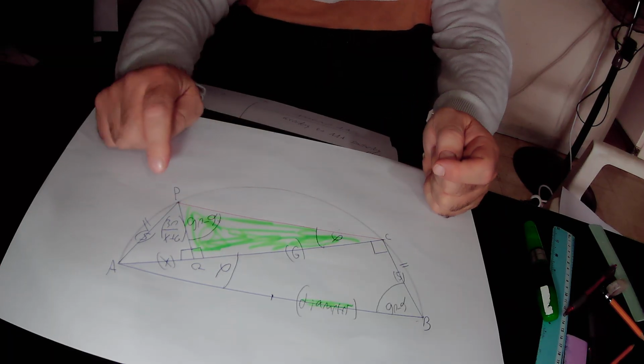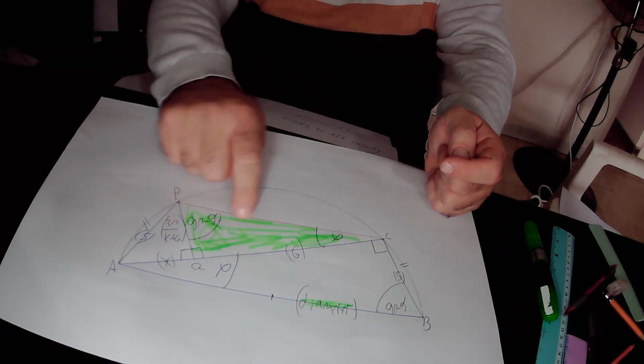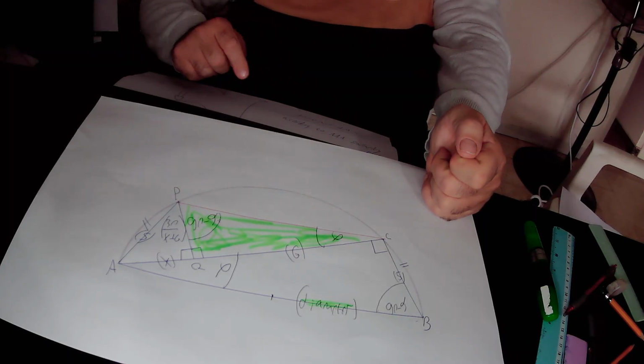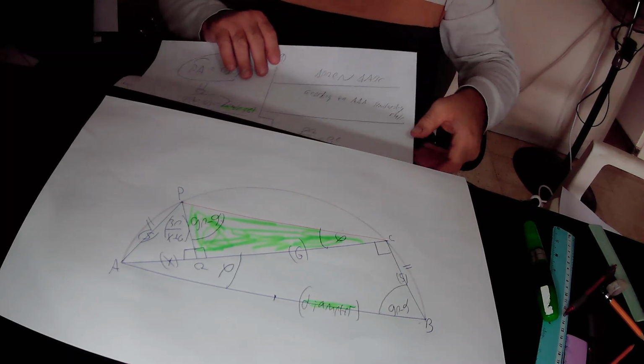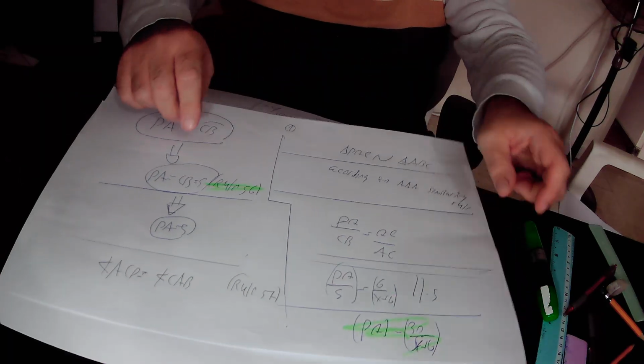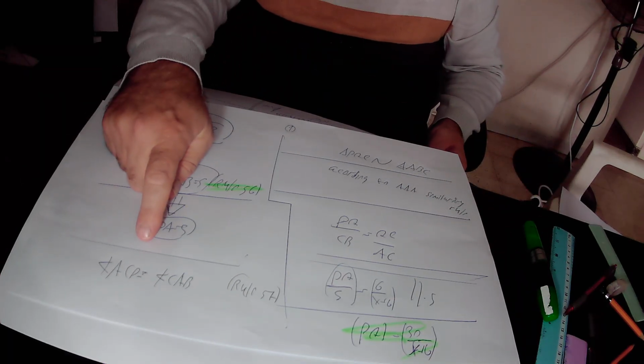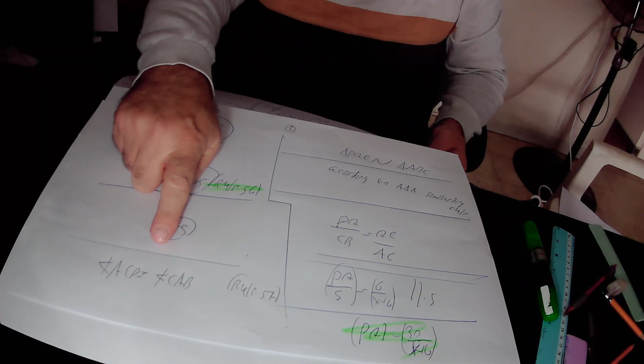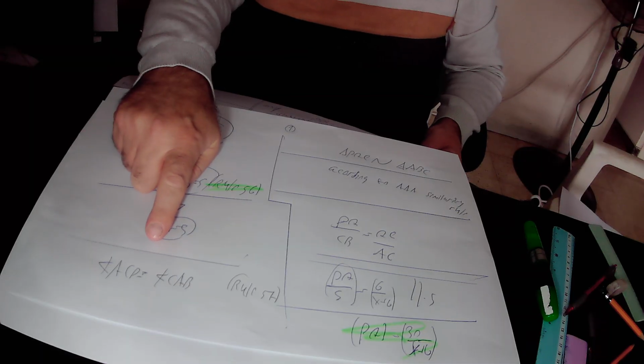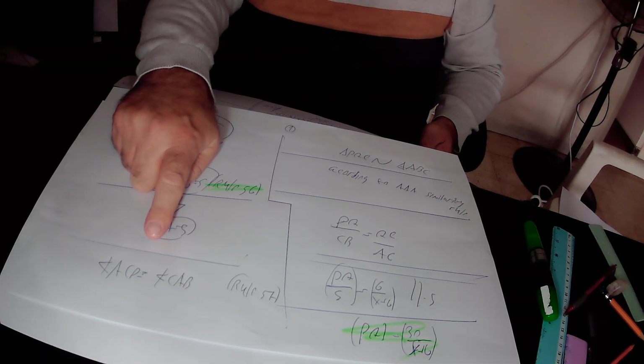That is to say, angle PCA equals angle CAB according to Rule 57. And again, according to Rule 57, angle ACP equals angle CAB in size, because they both subtend equal chords.